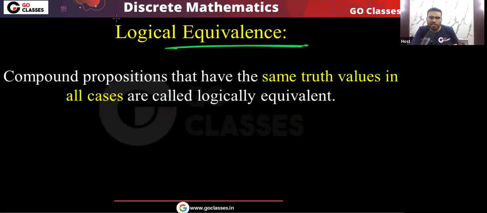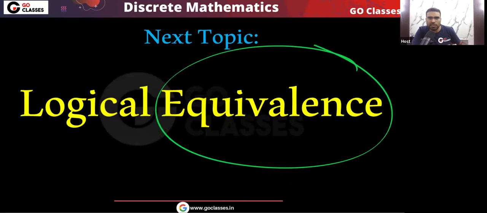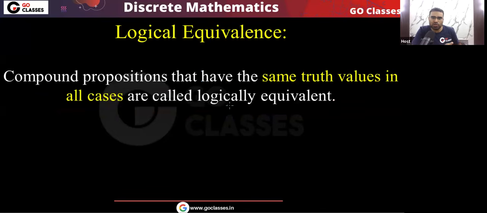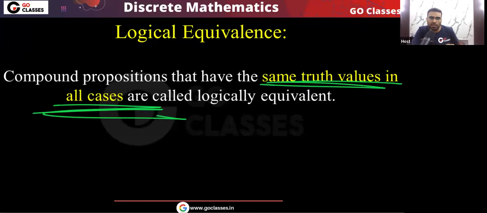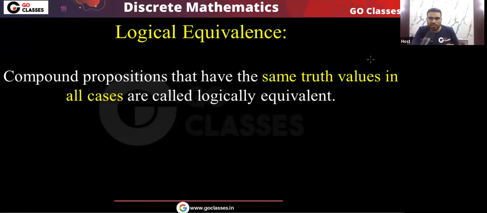The name itself is telling you: equivalence means they are always equal, their truth value is always the same. If you have two compound propositions which have the same truth value in all the cases, then they are logically equivalent. Is this clear? It means they have the same truth table, or the same truth value in all cases, then they will be called logically equivalent.